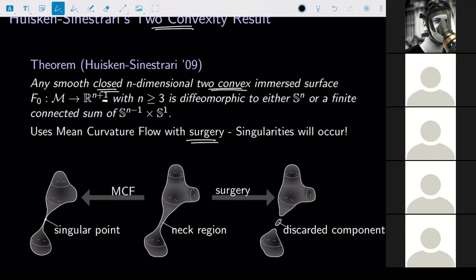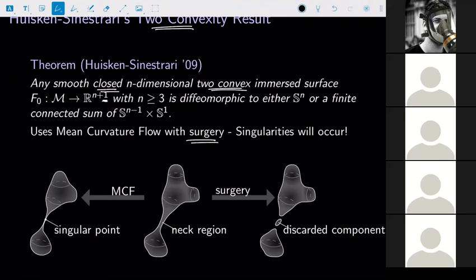And the idea is fairly complicated, but it uses this idea here with a mean curvature flow with surgery. And the point is that if you have a closed surface or hypersurface, then the mean curvature flow will run into singularities. So you will have to deal with singularities somehow. If you introduce the notion of being 2-convex, then you can actually show that your singularities will be of cylindrical form or neck-like.